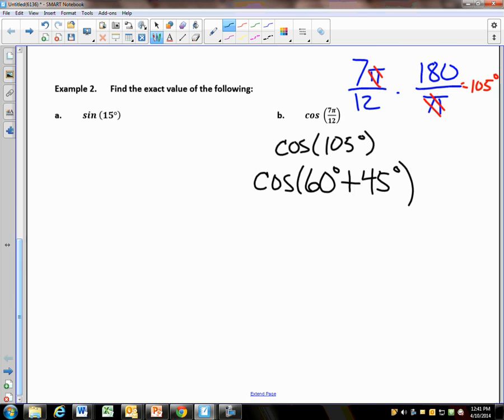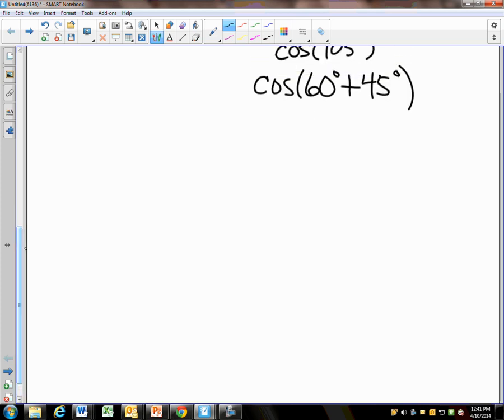She now writes it in expanded form. Cosine of 60 degrees times a cosine of 45 degrees. Then minus sine of 60, sine of 45. Ask the question.